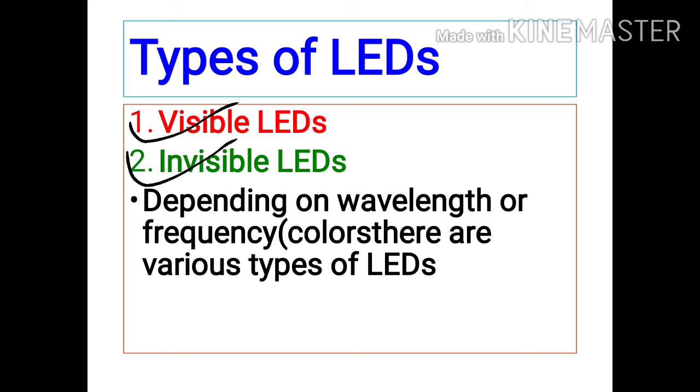And the invisible LED will produce infrared rays that are invisible to our eyes, and its range is beyond the visible range. Beyond this there are various kinds of LEDs depending on the wavelength or frequency, or we can say color.